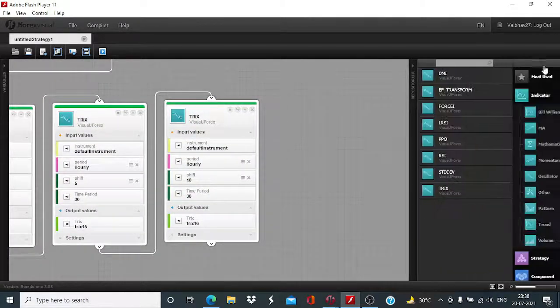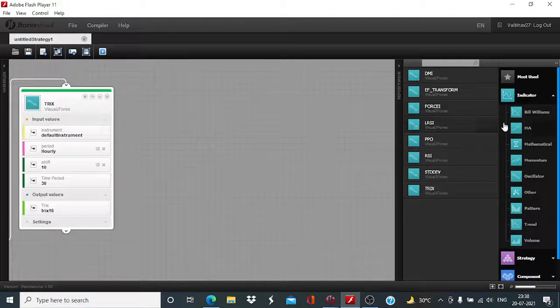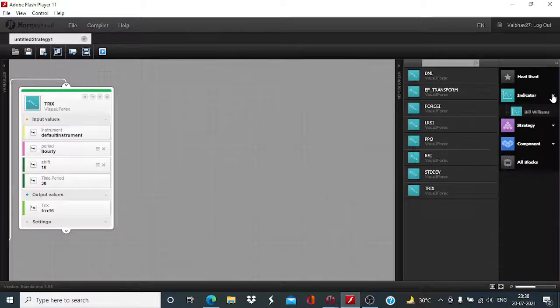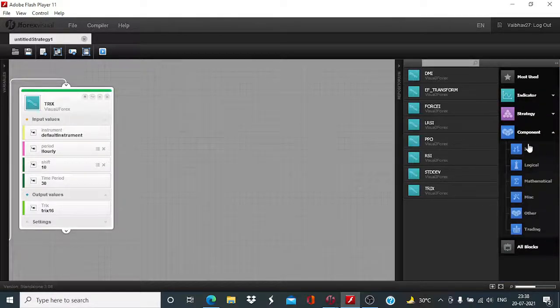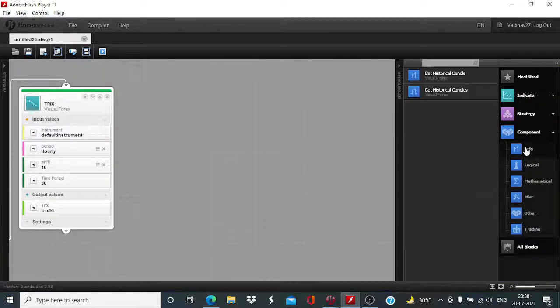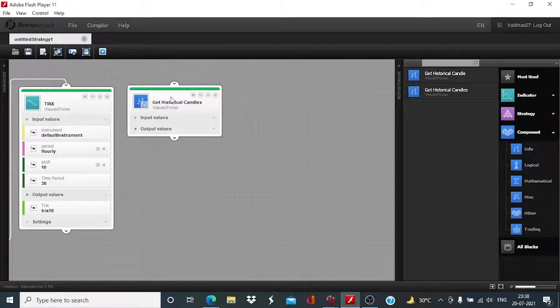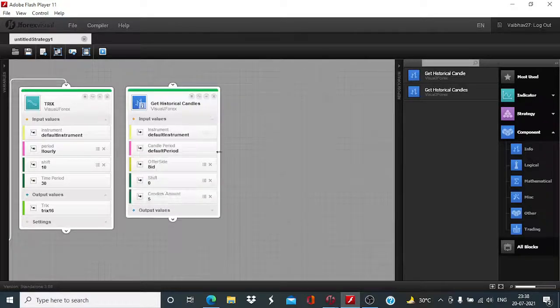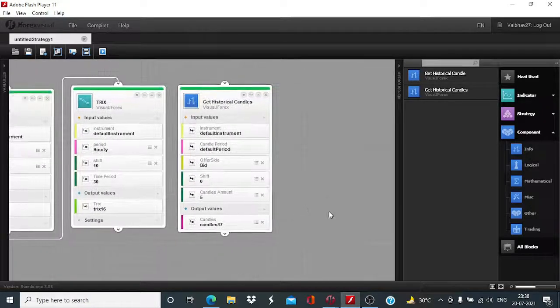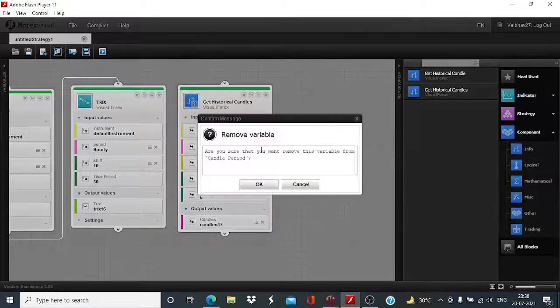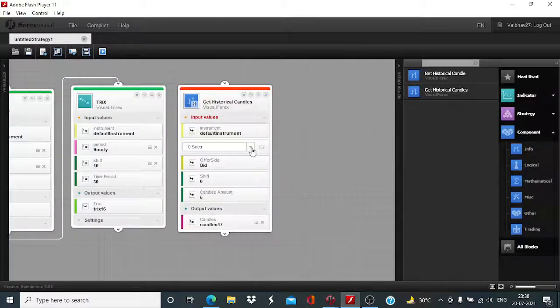And to check out the price volatility, we will take the help of get historical candle. So we need component, info component, and it is going to be this. Candle amount 5, candle period will need to be changed to hourly.